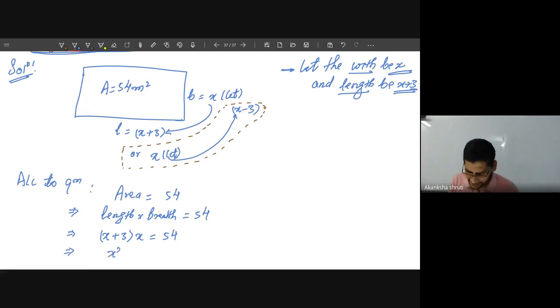So it becomes x square plus 3x minus 54 is equal to 0.